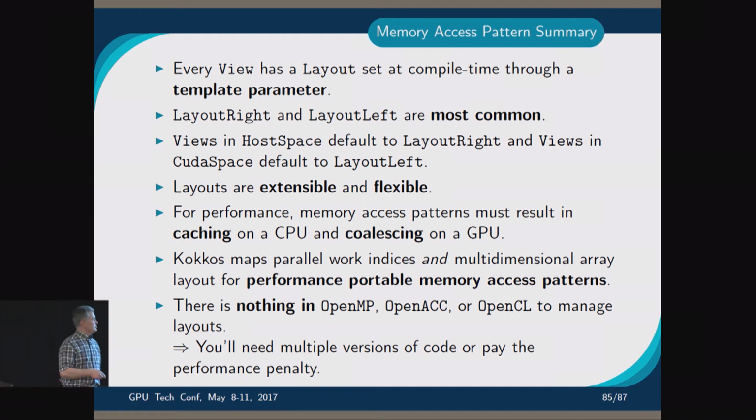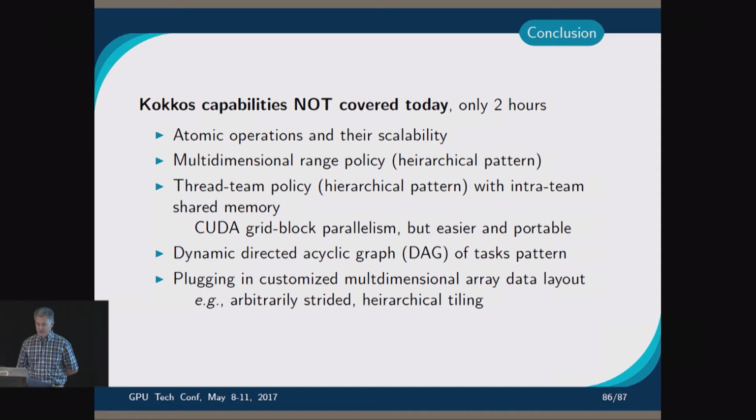One of the problems is that when you start controlling layouts and mapping together, you don't have anything in OpenMP, OpenACC, or OpenCL which will allow you to make that one change and flip your data structures in your code when you go to a new architecture. It just isn't there. It should be. We're telling them it should be. But how do you do it with just pragmas? That's an issue.